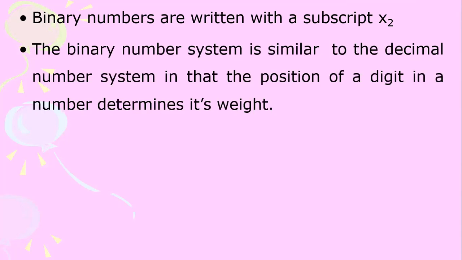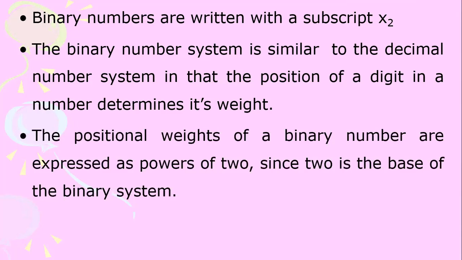The binary number system is therefore similar to the decimal number system in that the position of a digit in a number determines its weight. The positional weights of a binary number are expressed as powers of 2, since 2 is the base of the binary system.